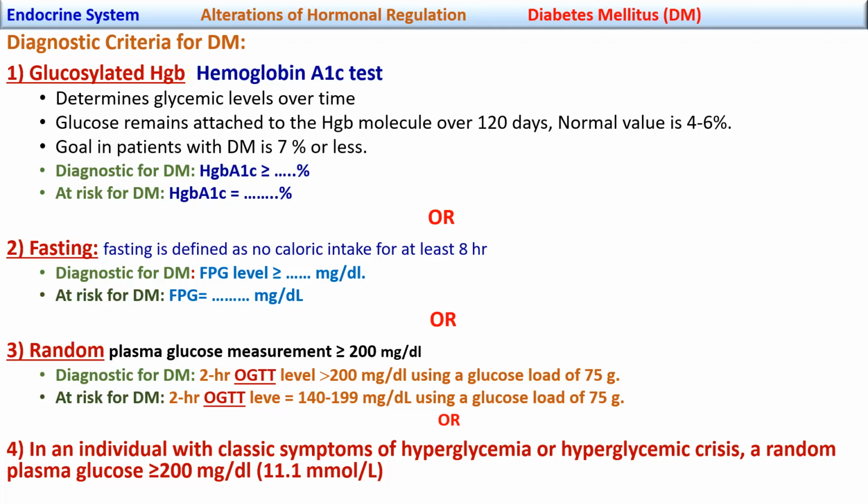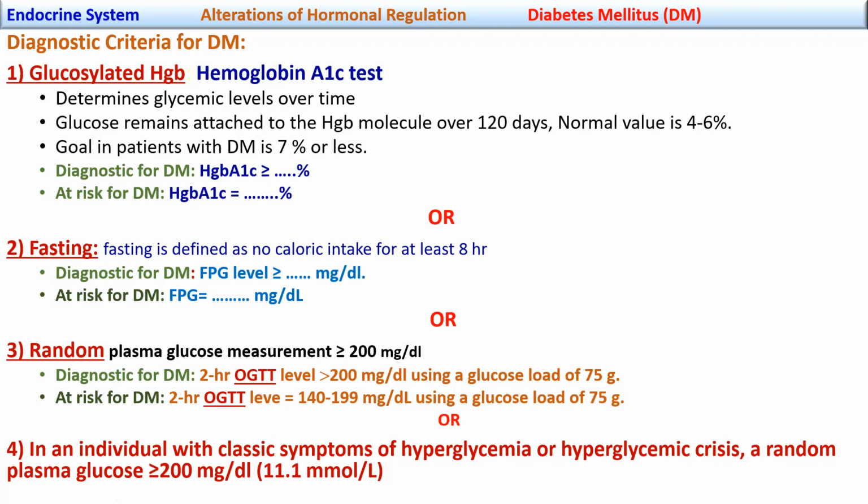Another criteria for diagnosing diabetes mellitus is the random plasma glucose measurement equal to or higher than 200, which would be diagnostic for diabetes. Usually this is the 2 hours of the oral glucose tolerance test over 200, and that's when we use a glucose load of 75 grams.